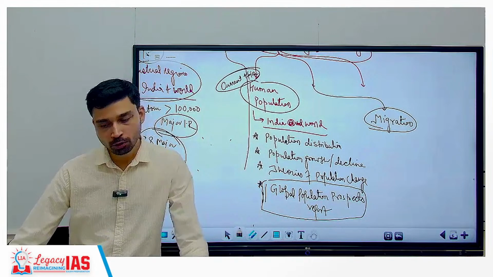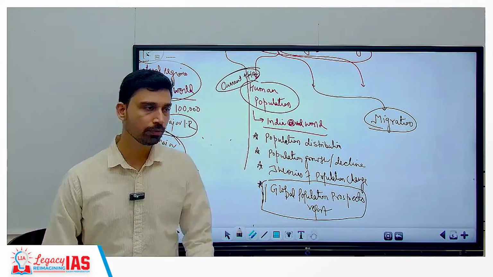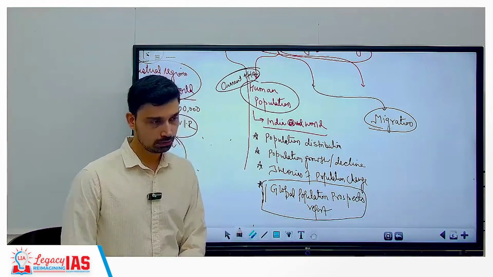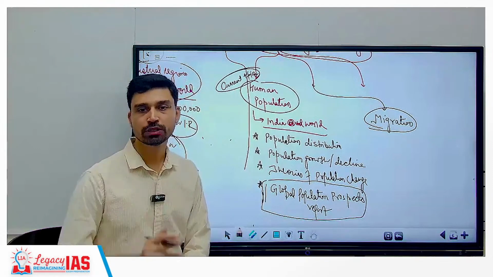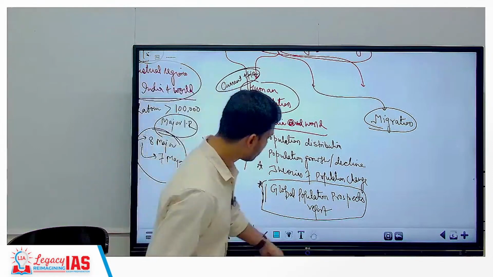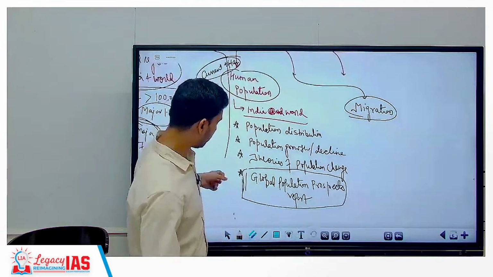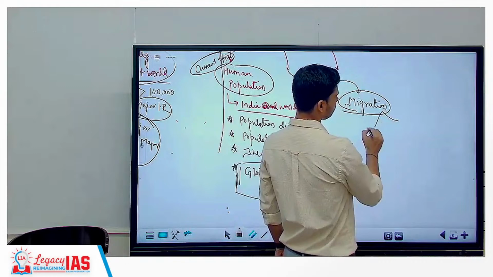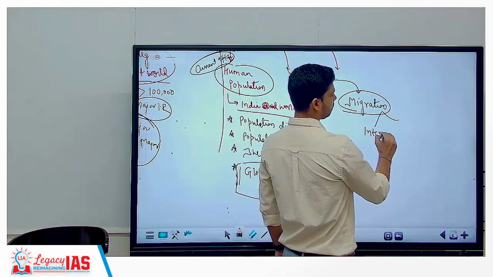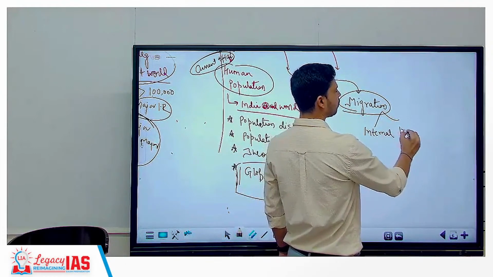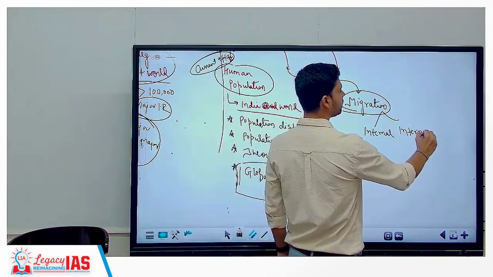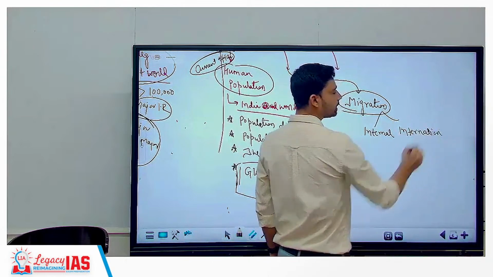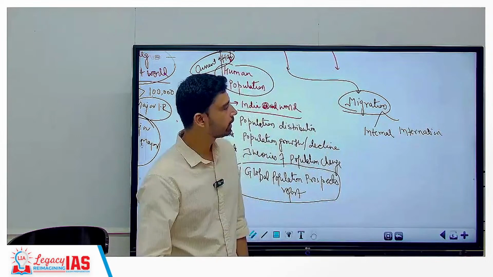Voluntary or involuntary movement of people, generally from their place of birth or normal place of stay to some other places. So the study of migration patterns. In migration, we have to study basically the types of migration. That means migration can be of how many types? On the broader scale, it can be internal migration as well as international migration.